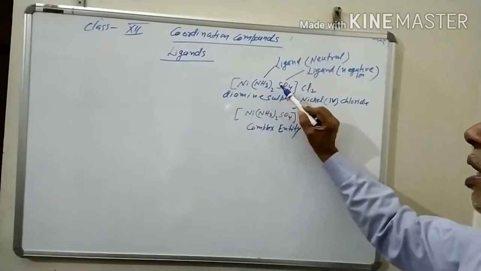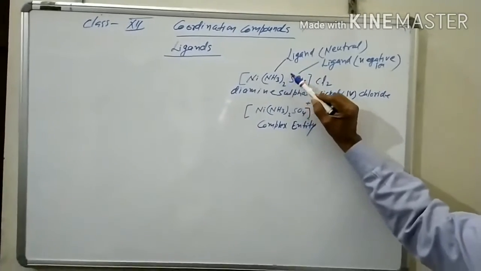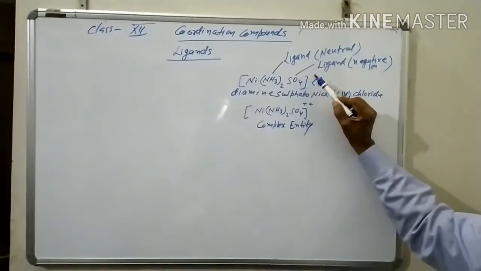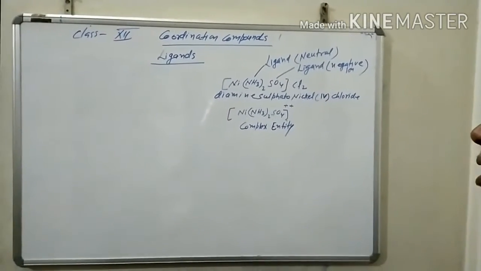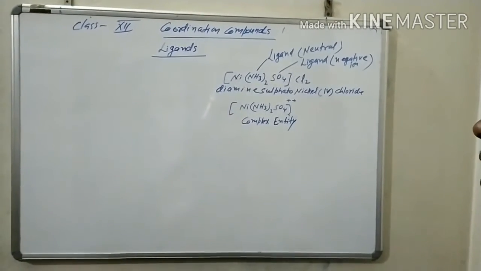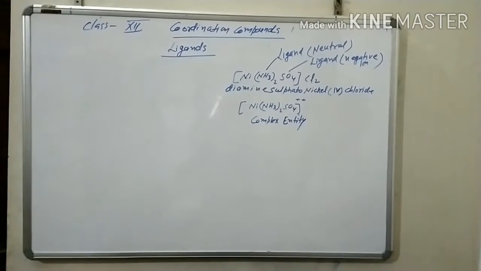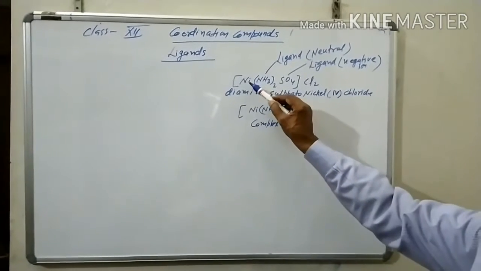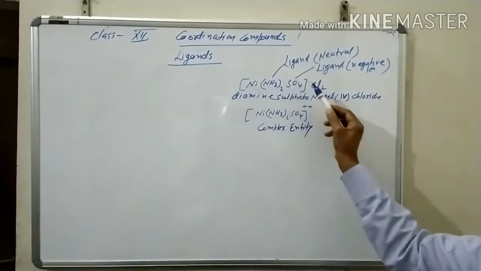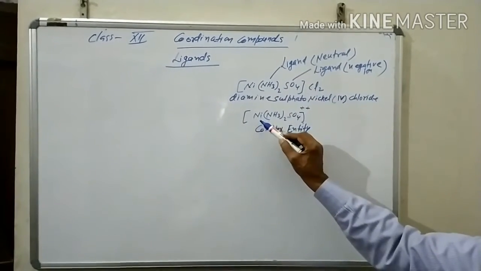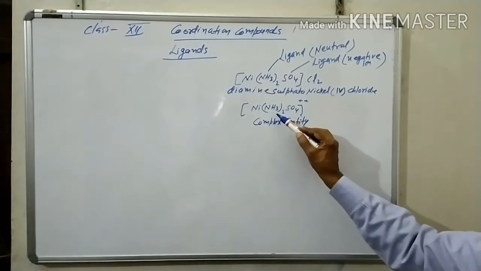NH3 is a ligand, SO4 sulfate ion is a ligand. NH3 is a neutral ligand and SO4 is a negative ion ligand. So the ligands are those species which are coordinated with the central metal atom or central metal ion in the complex entity.